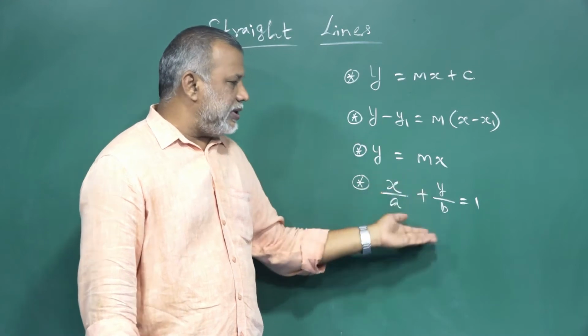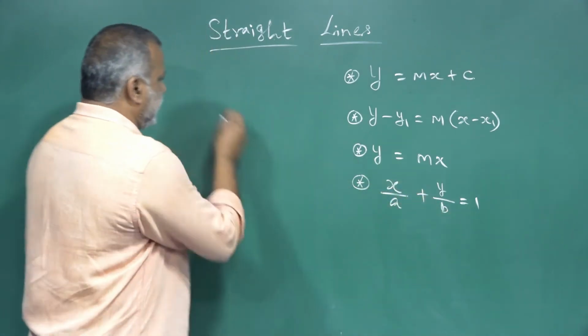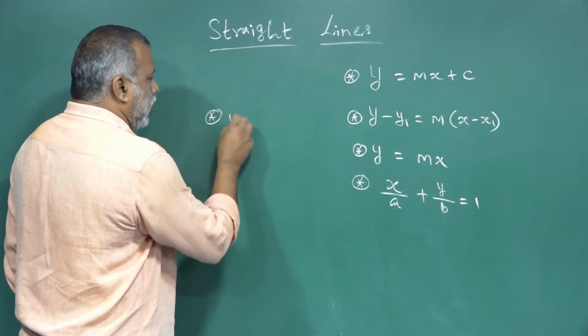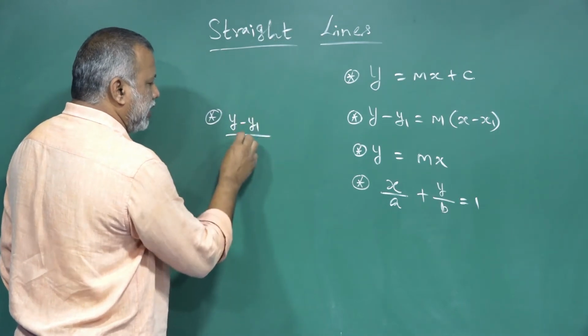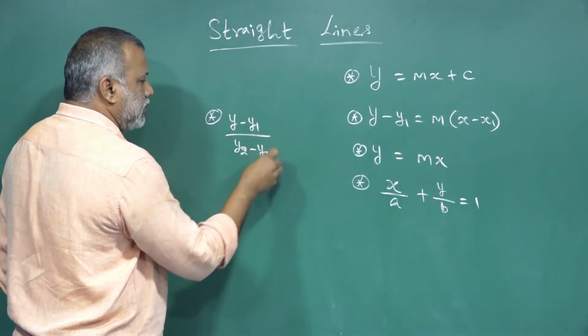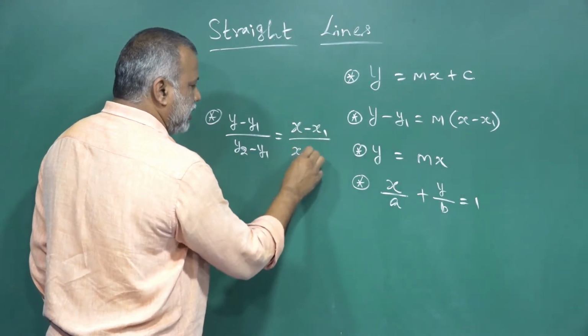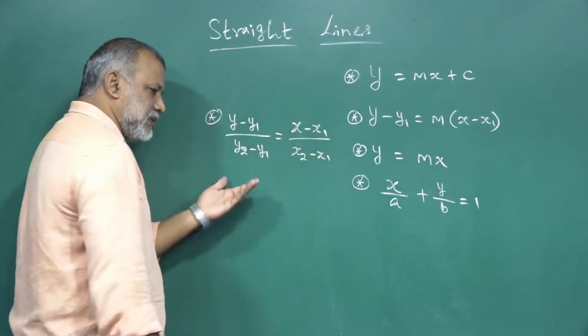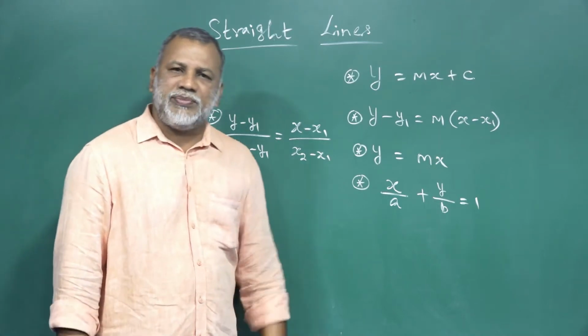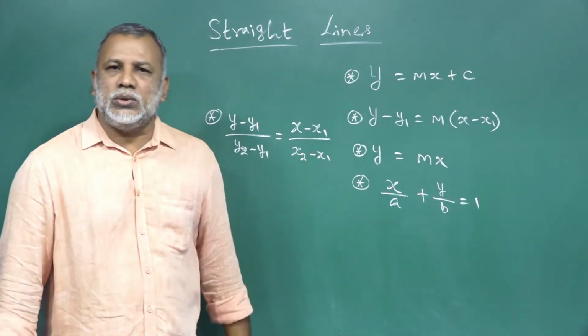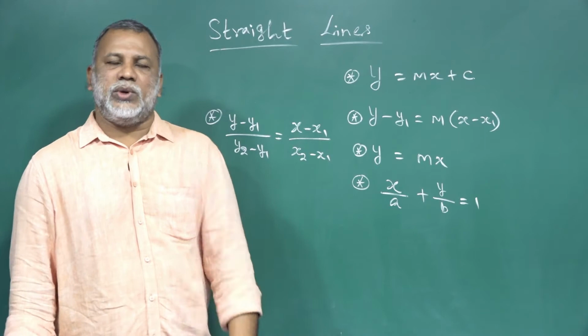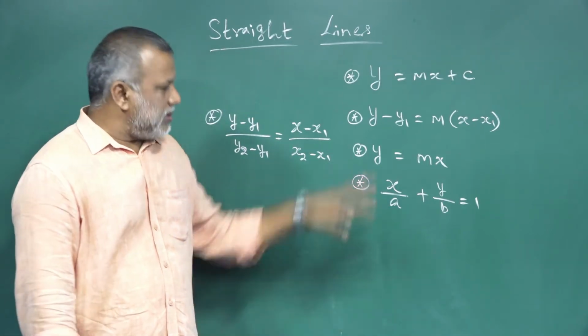Then one more: y minus y1 divided by y2 minus y1 is equal to x minus x1 divided by x2 minus x1. This is the equation of a straight line passing through two points (x1, y1) and (x2, y2).